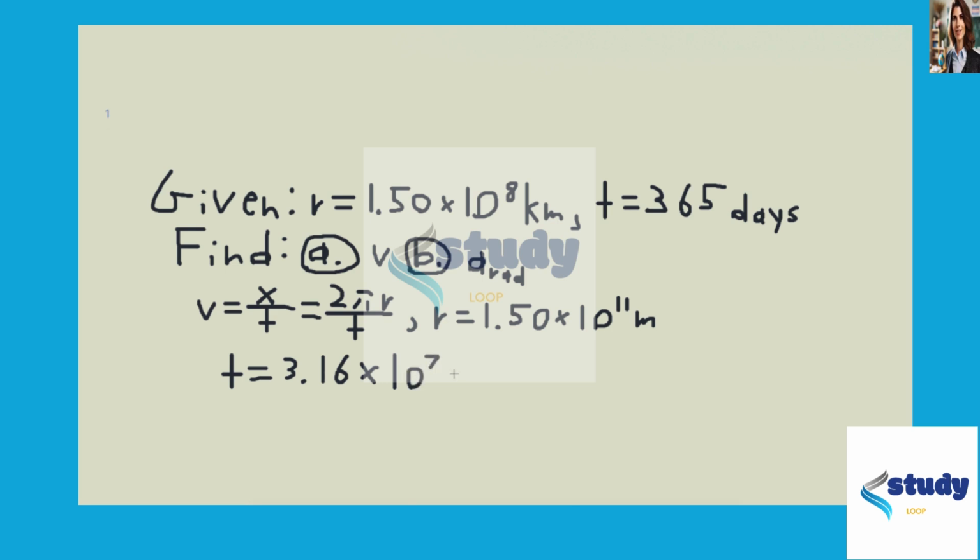I'm just converting 365 days into the number of seconds that takes. Now they're in the proper units, so we can plug in the value for r and the value for t in the velocity equation, and then solve for the orbital velocity.